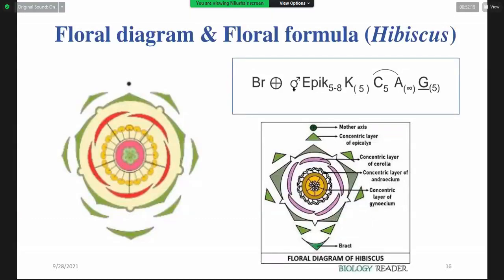That means the corolla is attached to the androecium parts. The epipetalous condition is shown by drawing a line between the staminal tube and the petal. You can see here that each petal is attached to the staminal tube because of the epipetalous condition.